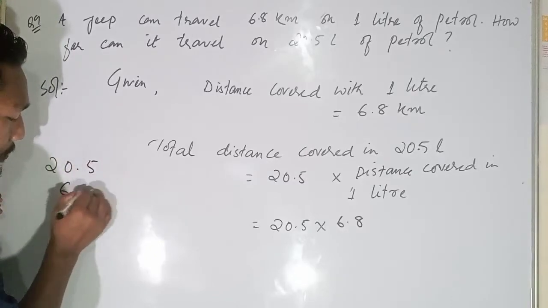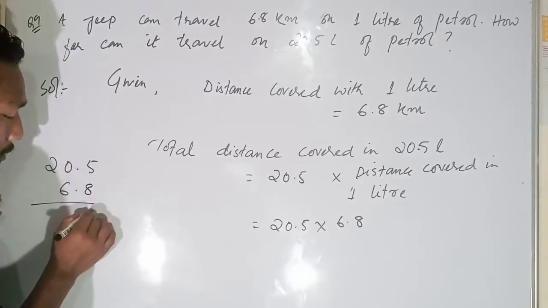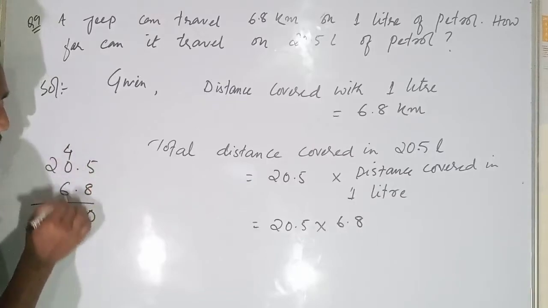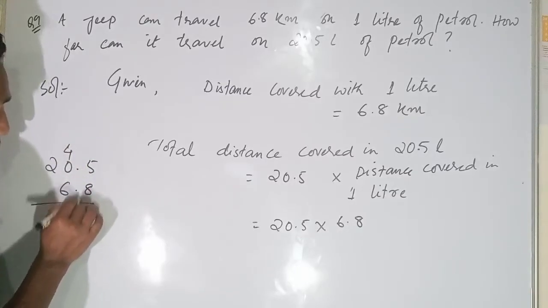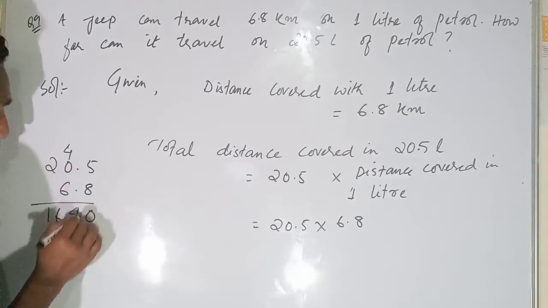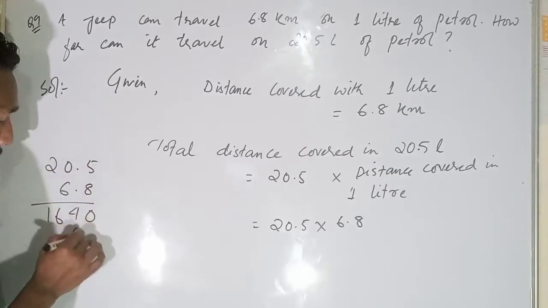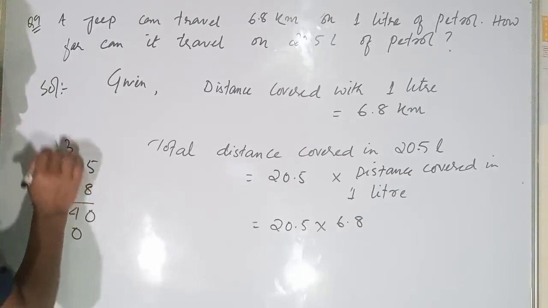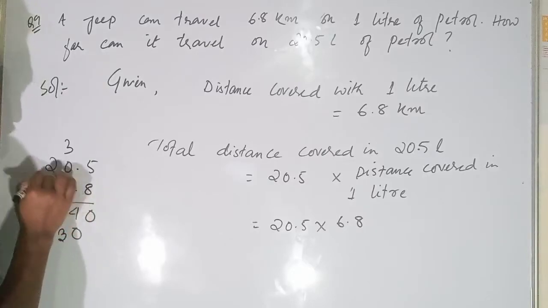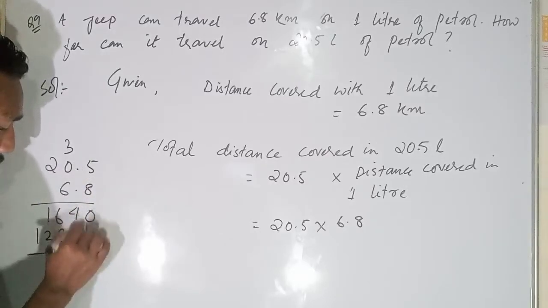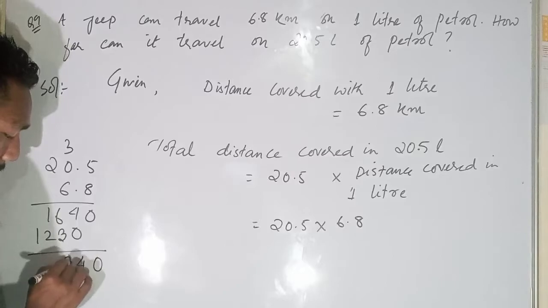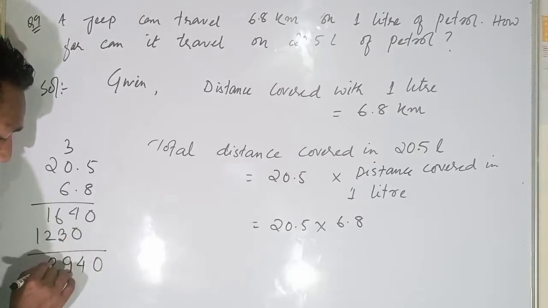20.5 into 6.8. So 8 5s are 40, 0. 8 0s are 0, 0 plus 4, 4. 8 2s are 16. 6 5s are 30, 3, 0. 6 0s are 0 plus 3, 3. 6 2s are 12. The sum of these two numbers 0, 4, 9, 2 plus 1, 3, 1.